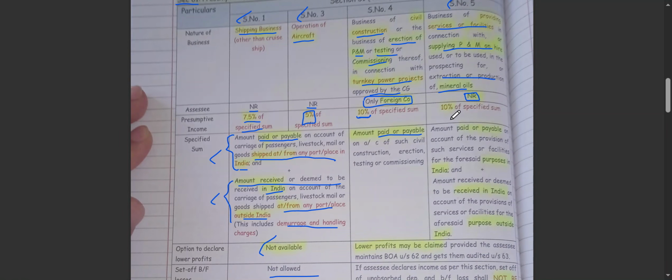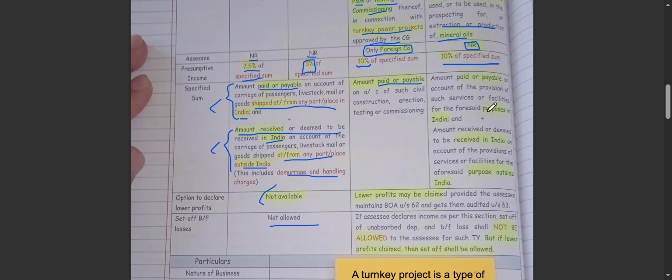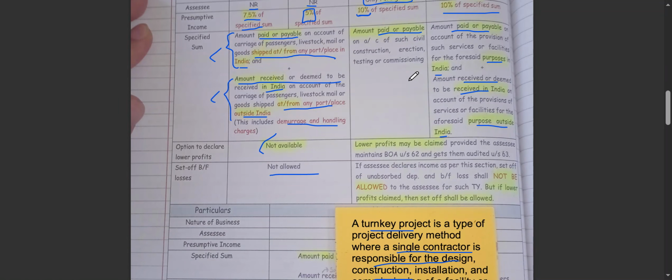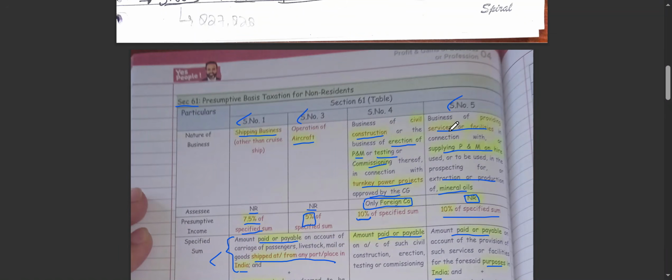It says the PGBP income will be 10% of the specified sum. The specified sum in this case will be again the amount paid or payable for services in India, which means accrual, and then the amount received or deemed to be received in India for services outside India, which means the received-in-India case. Now there are 2 points common to both serial number 4 and serial number 5.